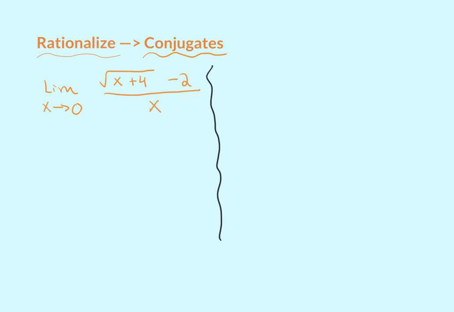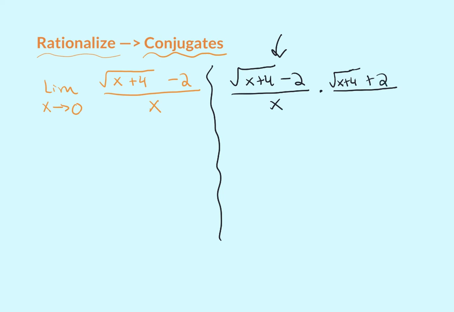So in the box to the right on your notes, we're going to do the algebra. I'm going to multiply by the conjugate here, which is the square root of x plus 4 plus 2, over the square root of x plus 4 plus 2. So multiplying top and bottom are the same.